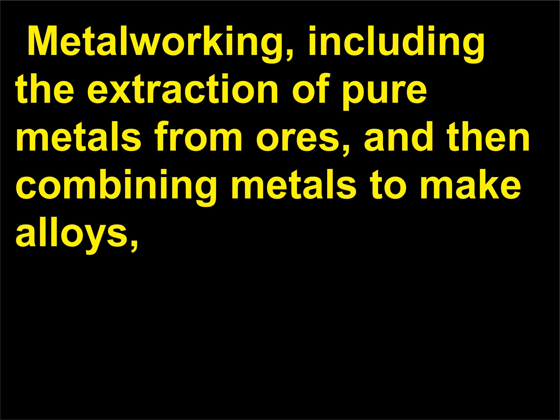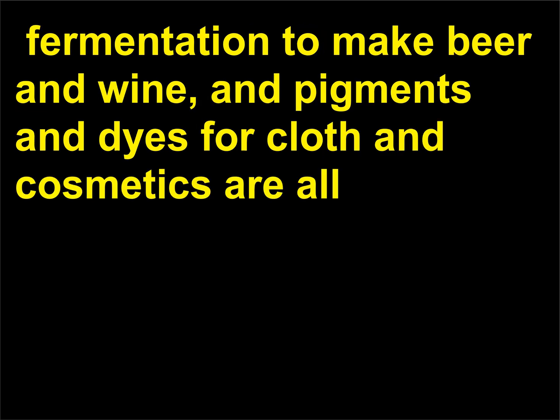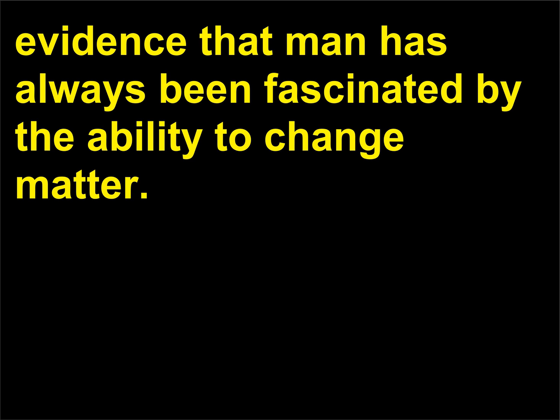Metalworking, including the extraction of pure metals from ores, and then combining metals to make alloys like bronze, left many artifacts of early man's chemistry experiments. Pottery, including the production and use of various glazes, fermentation to make beer and wine, and pigments and dyes for cloth and cosmetics are all evidence that man has always been fascinated by the ability to change matter.